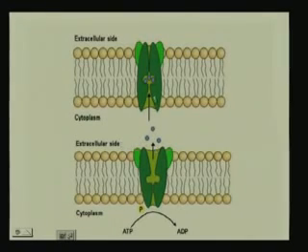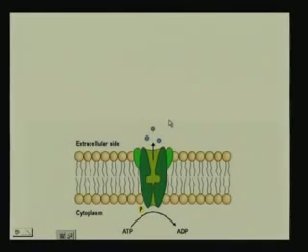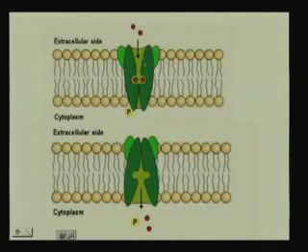Now, to have this protein back to where it is, it has to come back to this conformation. Okay, it is now an open conformation. It has released the sodium ions that were bound to it. So, in the next step, from the extracellular side, it takes up 2 potassium. Okay.